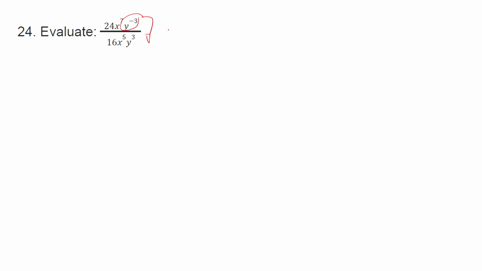So this will now become 24x raised to 7 all over 16x raised to 5, y raised to 3, and then the y raised to 3. So the negative 3 became positive 3. I hope this one is clear.